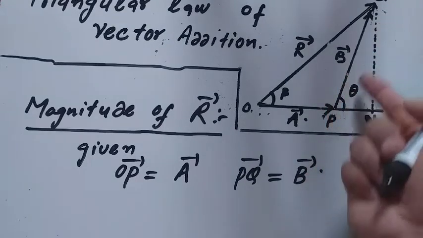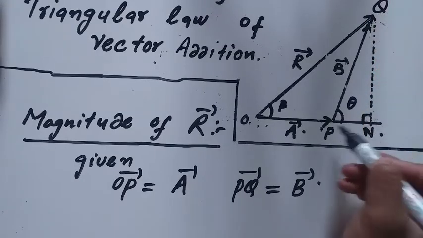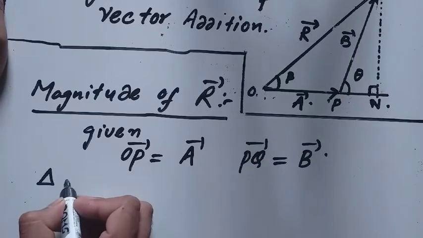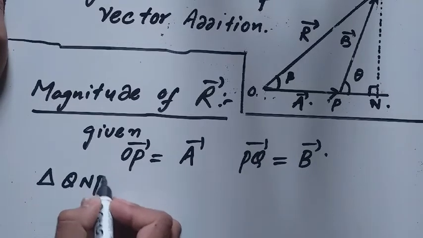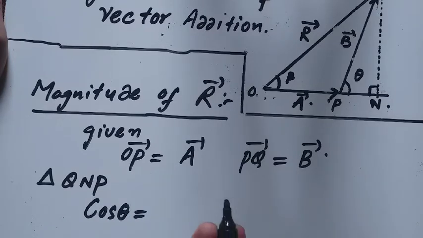From this triangle QNP, I can write cos theta, which is equal to base divided by hypotenuse.